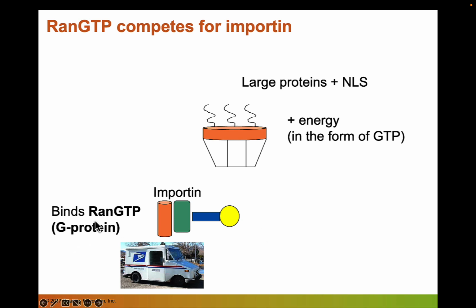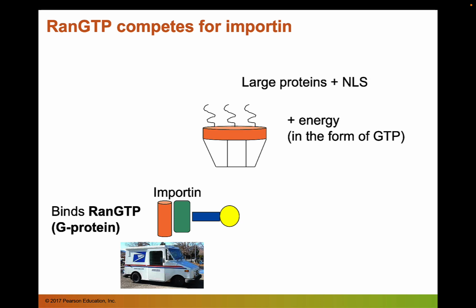RAN-GTP is a protein that's called a G protein. And there's a lot of different G proteins in the cell. What's unique about a G protein is that it is on or active when it's bound to GTP, and it's off or inactive when bound to GDP.